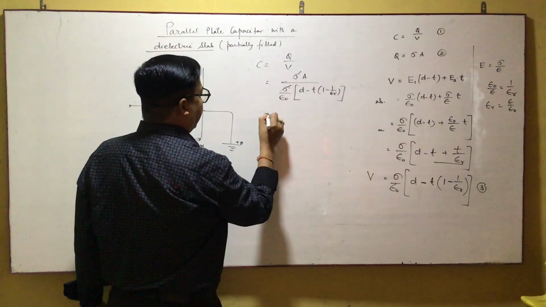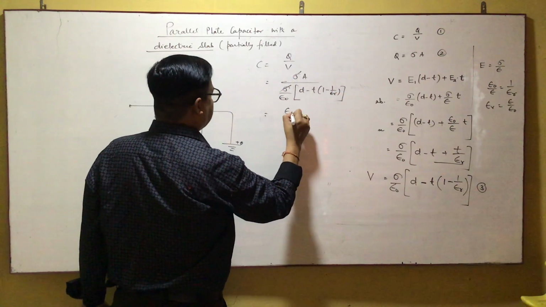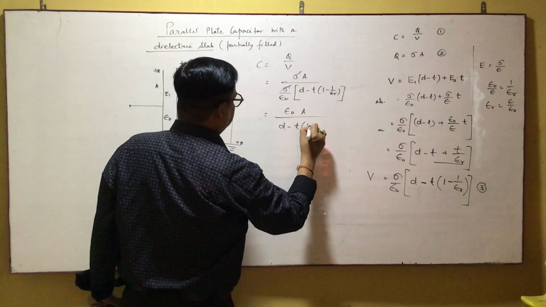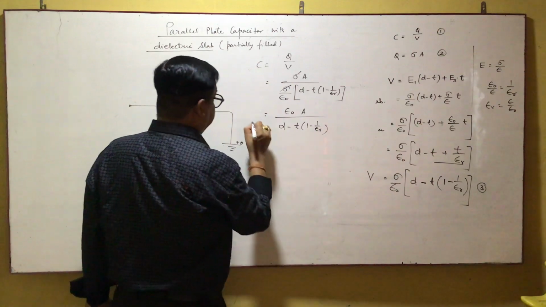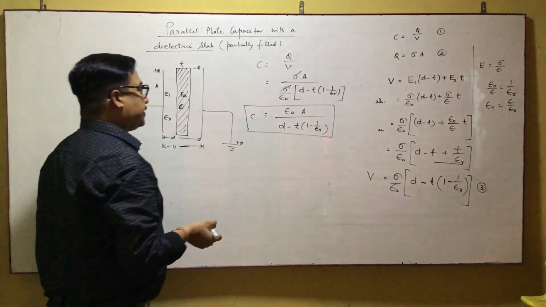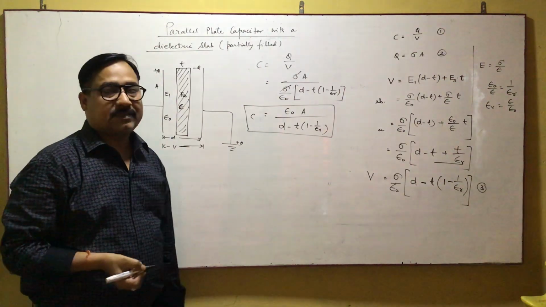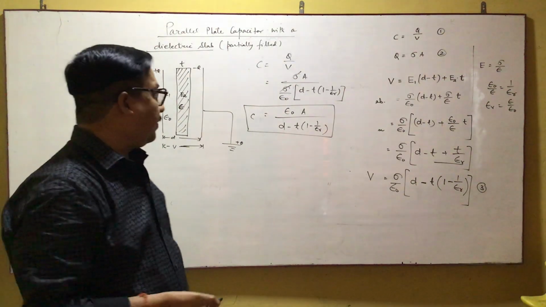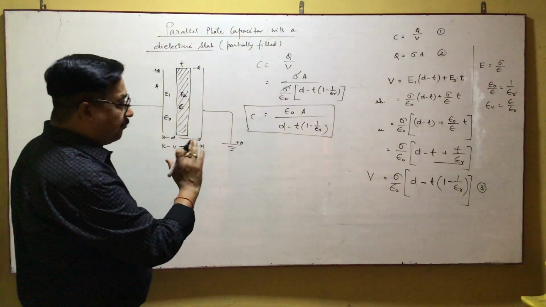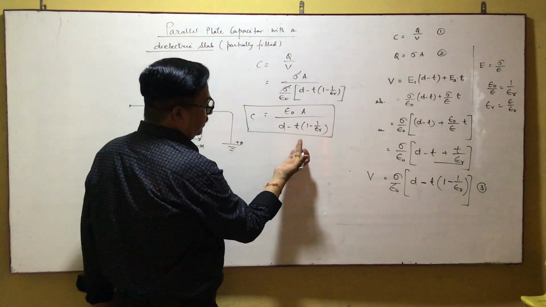Sigma cancels sigma, epsilon naught goes up, so C is epsilon naught A upon D minus T (1 minus 1 by epsilon r). So this is the expression for capacitance of a parallel plate capacitor when a dielectric slab of thickness T is inserted.